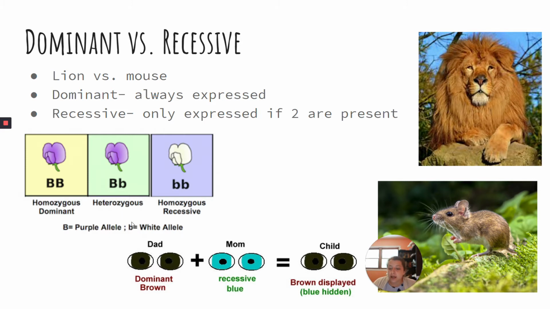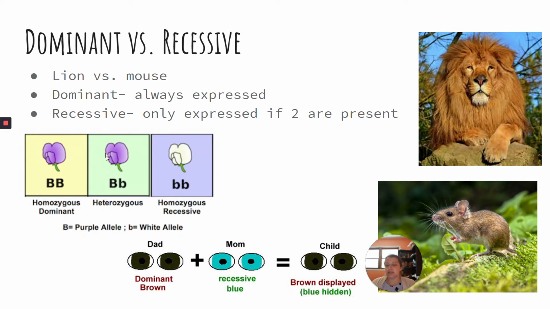The lowercase b is the white allele, so it's a white flower. Now let's look. These are two capital B's, two dominant guys. The capital is dominant, large and in charge. So what color is the flower? Purple, just like the uppercase says.